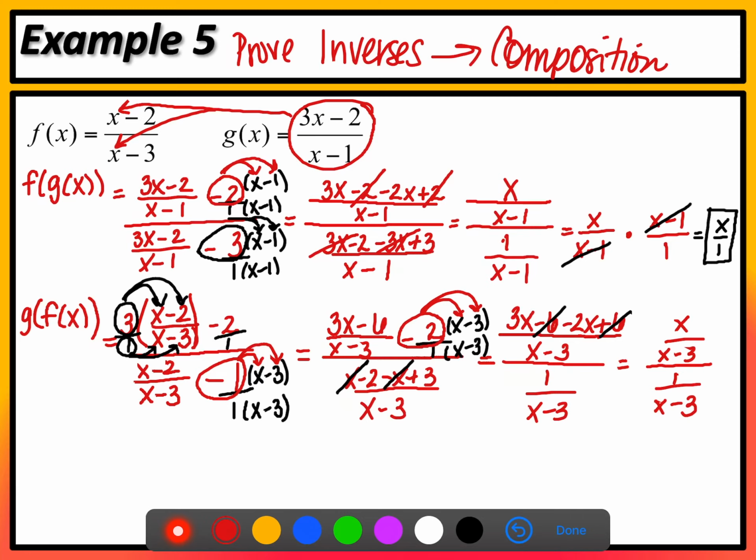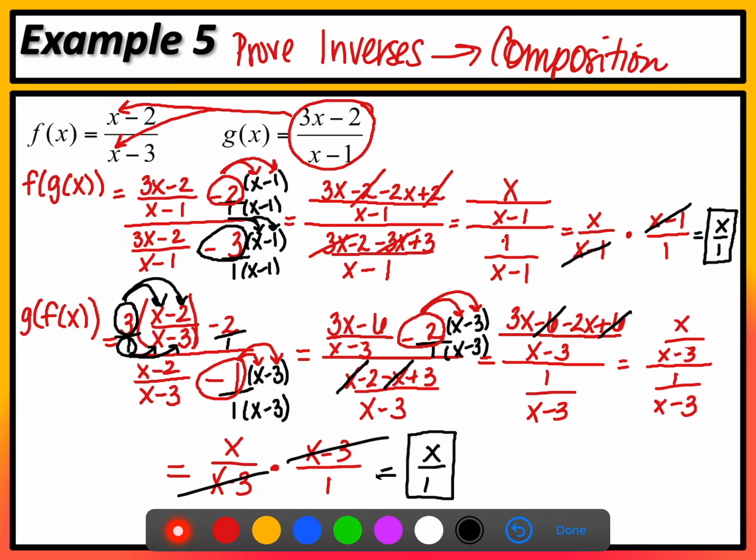All right, so at this point, I have a simplified fraction in the top and a simplified one in the bottom. And I'm going to do keep, change, flip. So keep the top, change to multiplication, and flip the bottom. All right, I can cancel these. All right, and 2 hours later, we have completed this problem.